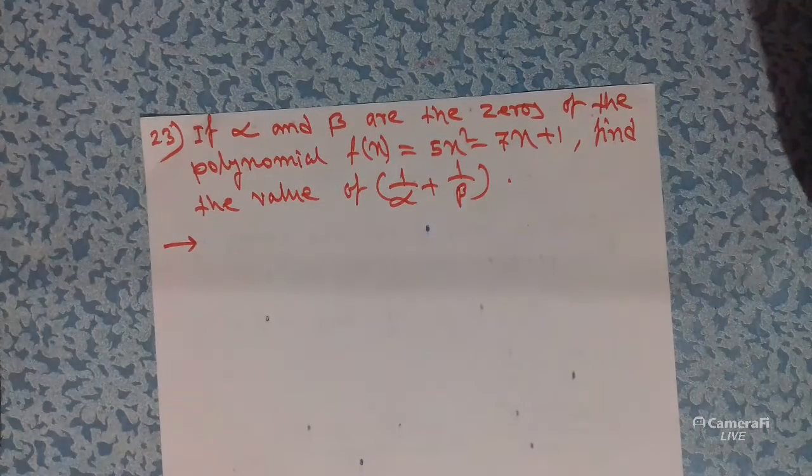So if alpha and beta are the zeros of the polynomial f of x is equal to 5x square minus 7x plus 1, find the value of 1 by alpha plus 1 by beta.